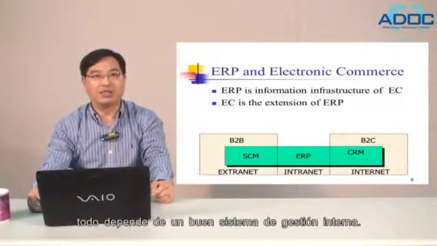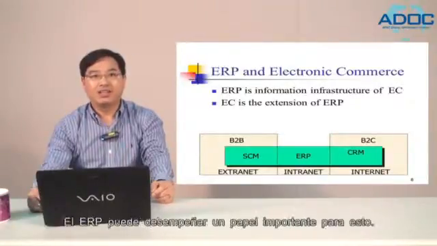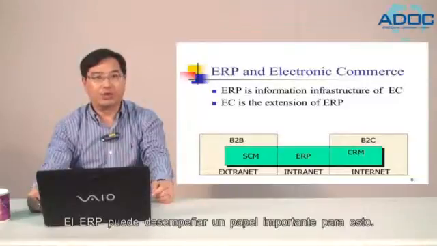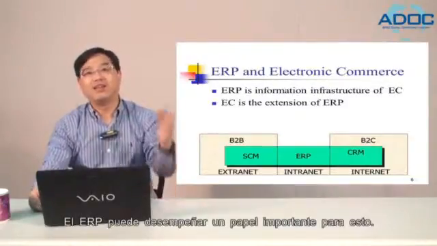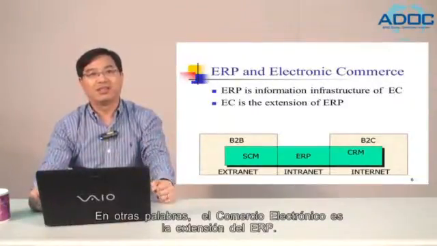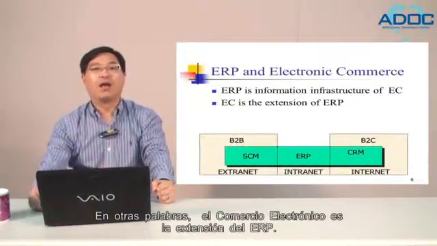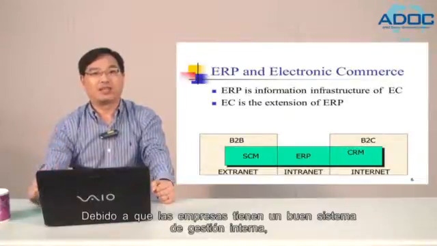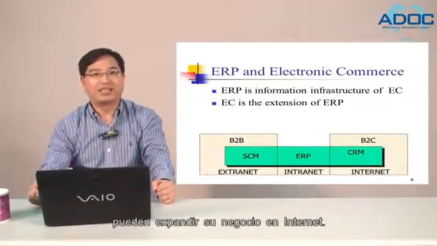All of this depends on a good internal management system. ERP can play an important role for this. In other words, EC is the intention of ERP. Because the enterprise has a good internal management system, they can expand their business on the internet.